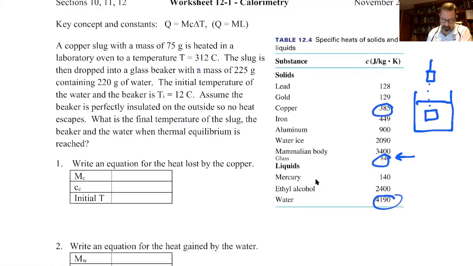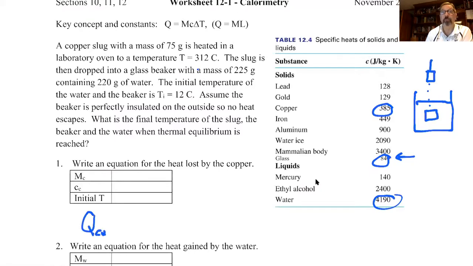And so I'm going to do the first one. Then I'll leave you to do parts 2, 3, and 4 to figure out what that final temperature should be. When I say write an equation, that means think about in the equation what numbers you know and what numbers you don't know. So the heat lost by the copper, that's Q copper, Q sub Cu.